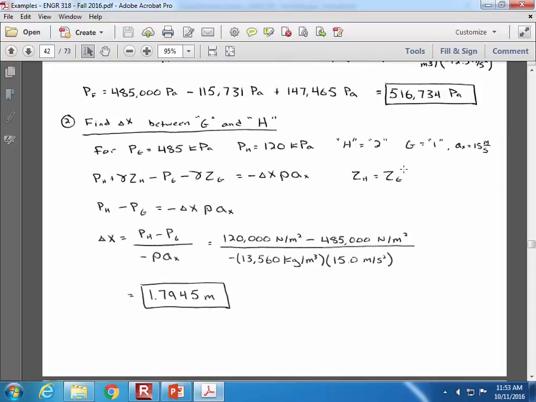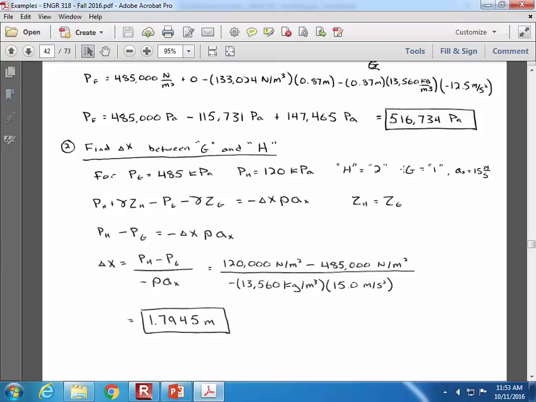And then when we look at the distance between the 2 points, here's what we do: we rearrange Euler's equation to solve for delta x. And then we have to reconceive of what's location 2 and what's location 1, because now we're working in the horizontal axis rather than vertical.